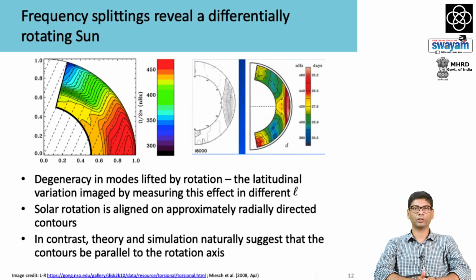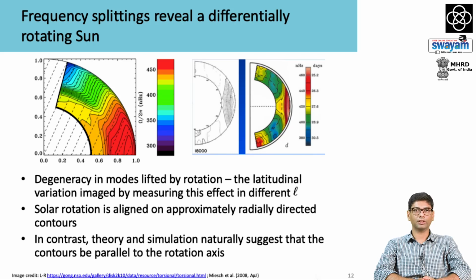These are contours of constant rotation, and the color bar indicates 300 to 450 nanohertz. So 440 nanohertz corresponds to a rotation period of about 26 Earth days, and you see that the contours of rotation at the equator suggest it is rotating at a higher speed than the poles.